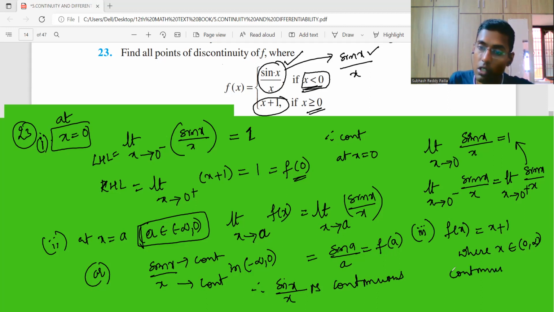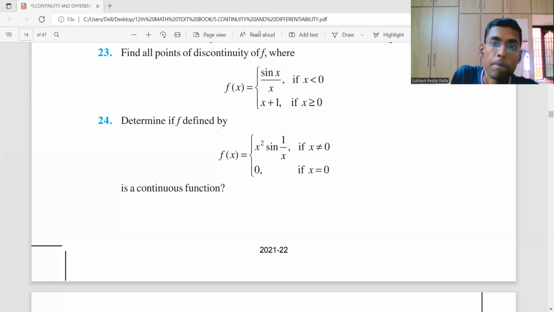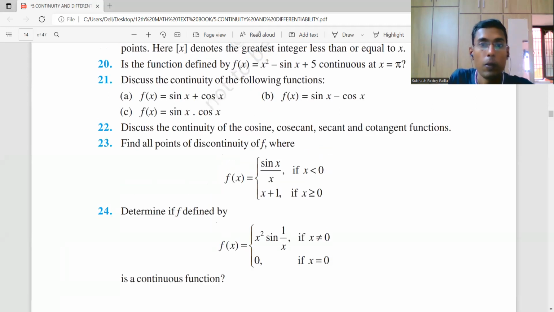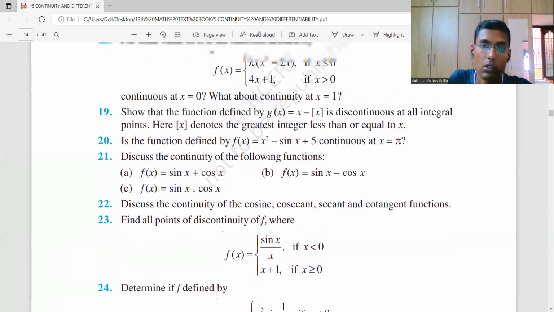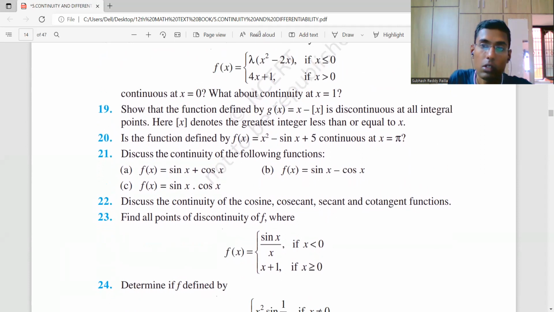Why is it continuous? Because it is a linear function. I think sin x is continuous, cos x is continuous, sin x plus cos x, sin x minus cos x, sin x into cos x, all are continuous. So this is also like that only.